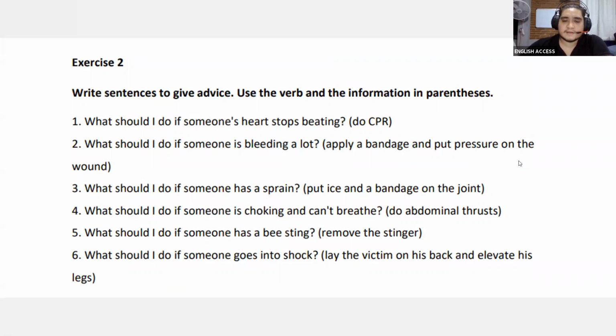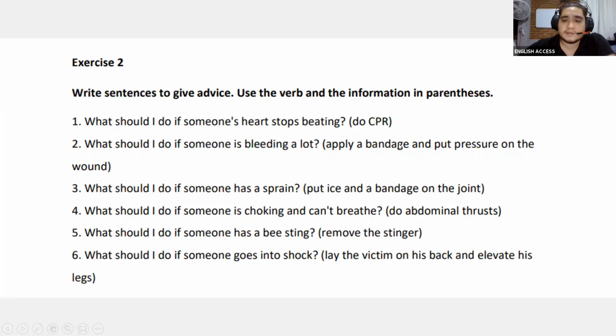Now we have here exercise two. Can you read the instructions, Karen, please? Write sentences to give advice. Use the verb and the information in parentheses. Very good. You write sentences to give advice and use the verb and the information in parentheses. So the information in parentheses is the recommendation that you're giving.